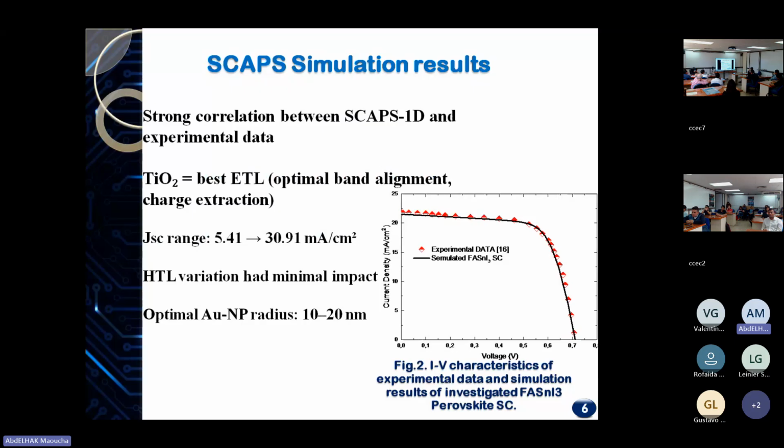To validate the simulation accuracy, the current-voltage characteristics produced by SCAPS were compared with the experimental measurements. As illustrated in this figure, the strong correlation between simulated and measured results confirms the reliability of the modeling approach in reproducing the physical behavior of the solar cell.